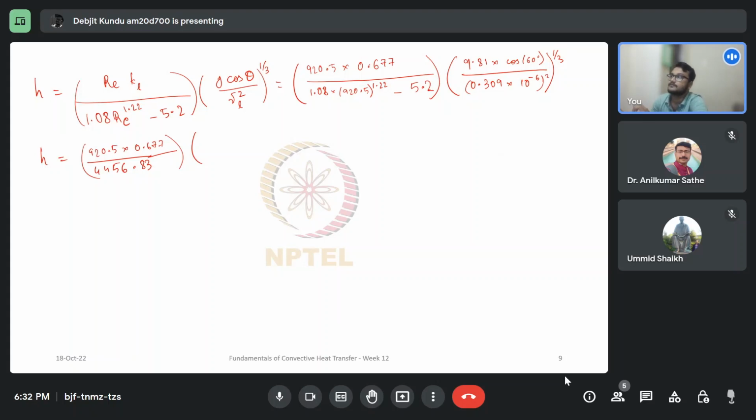So this is 5.13 into 10 to the power 13.